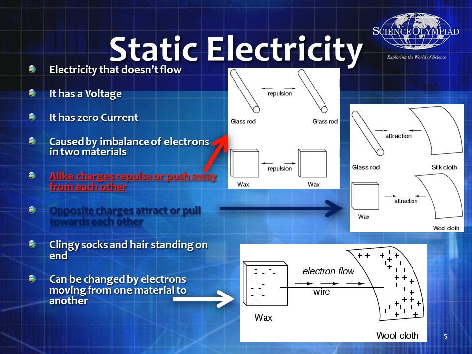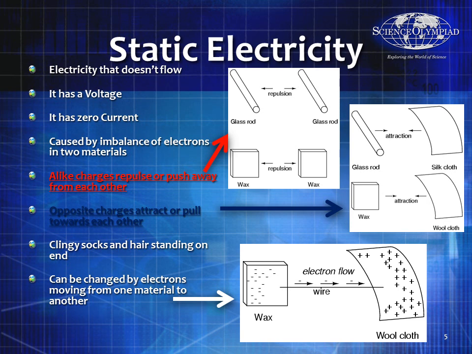Wax normally has excess electrons, so in this case wax would have a negative charge and would push away wax, whereas a wool cloth will have fewer electrons, or an excess of positive charges.